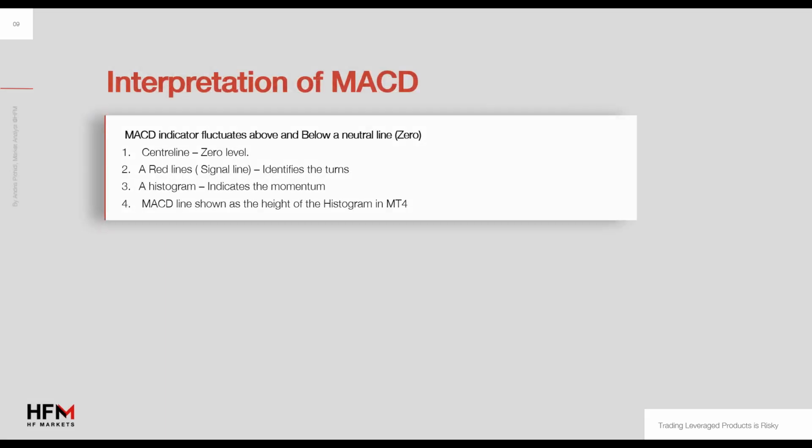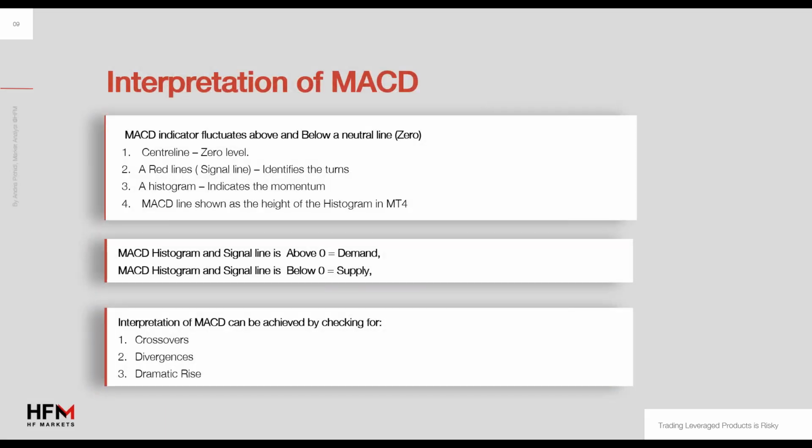Let's go to an example. There is plenty of information that you can get from MACD: reversals, momentum, direction, crossover, divergence, dramatic rises, right?